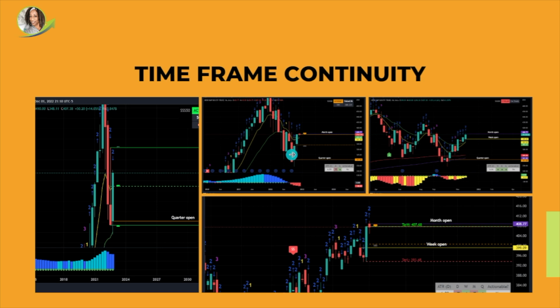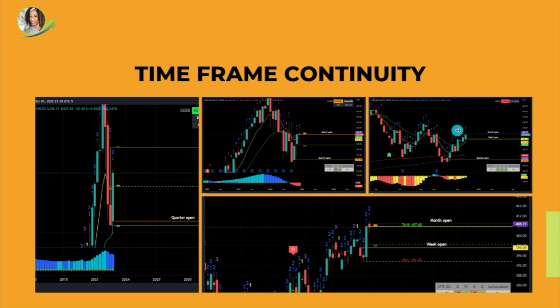When this month opened, we knew we're pretty far away from the quarter, but if we come down and break below here, the month is going to be red, and then we're going to flip the quarter red. It didn't do that though, it kept going, still far away from the quarter open. Then once it came down and came back up, it flipped the month back green. So this is where it's at now.